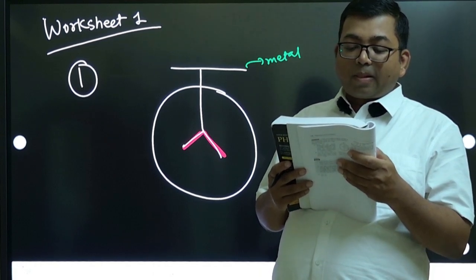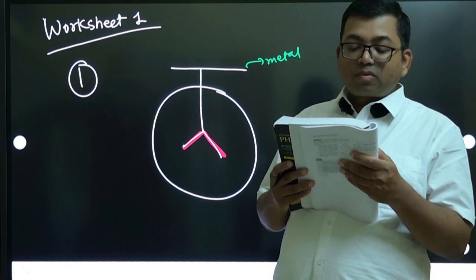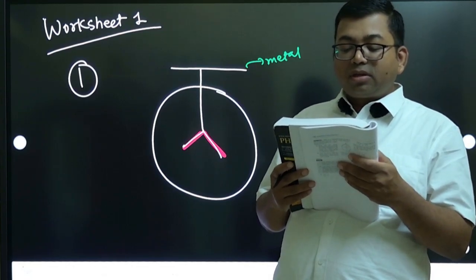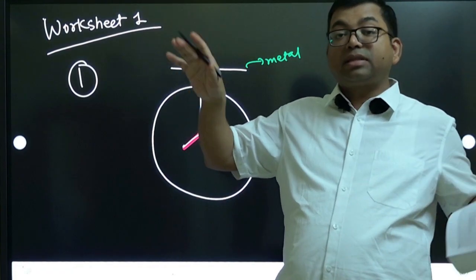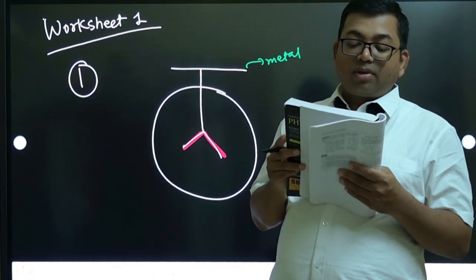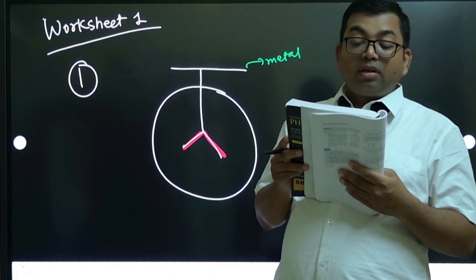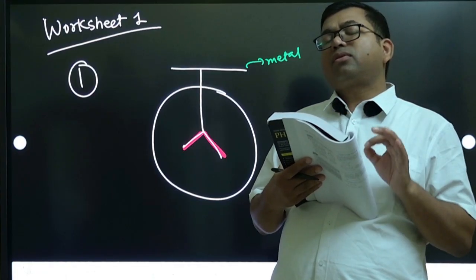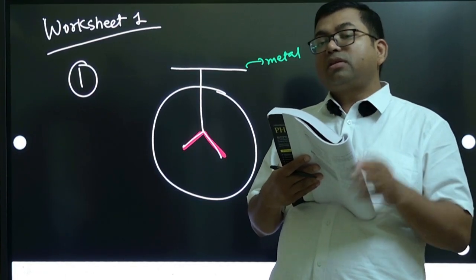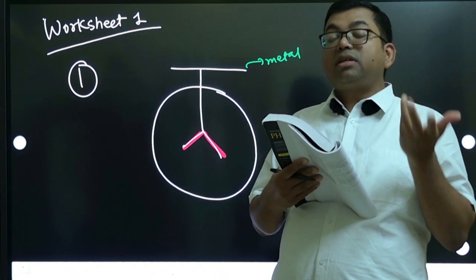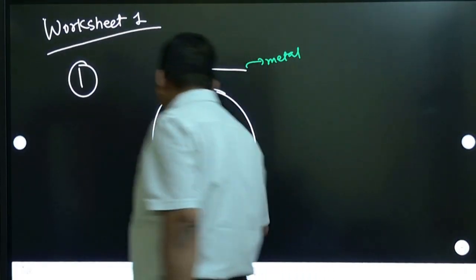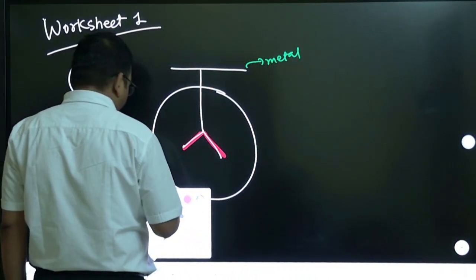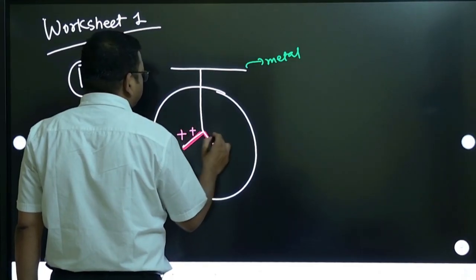So first it is given a positive charge causing the two leaves to separate. First the positive charge was already there, it was already separated. Now they are saying when an object is brought near the metal disc. Note that an object is brought near the metal, it is not touched. That means induction, you have to think about it. It already has some charges right now, plus, plus, plus, plus.